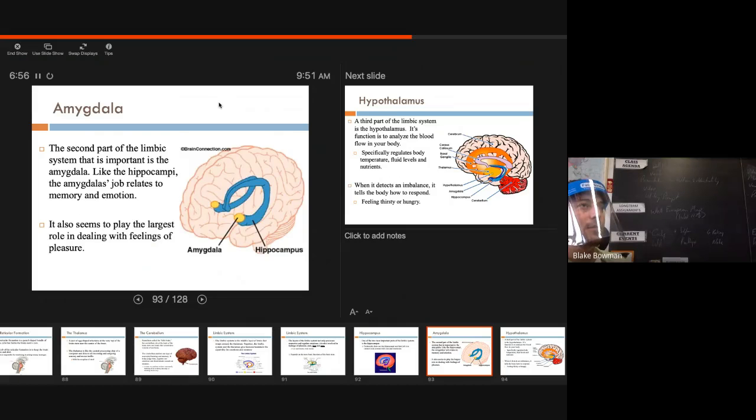This controls the release of dopamine, different hormones that allow us to feel this emotion, feel this happiness, feel this anxiety, this pleasure seeking, you could say principle in a way. So amygdala: feelings of pleasure, happiness, controls the hormones released within our body.